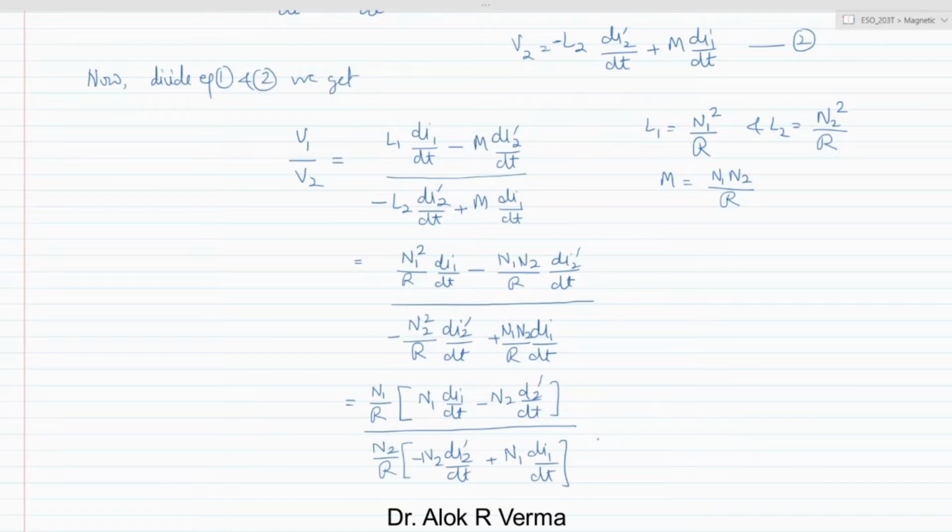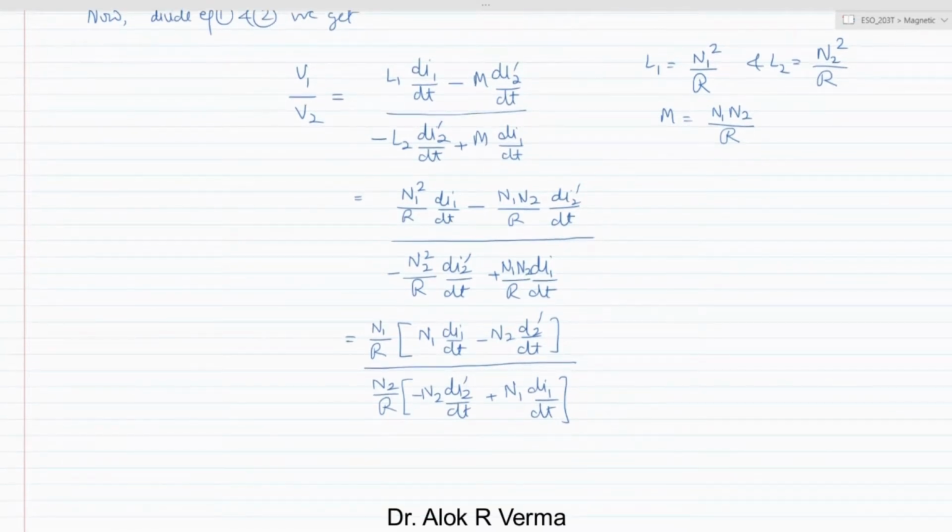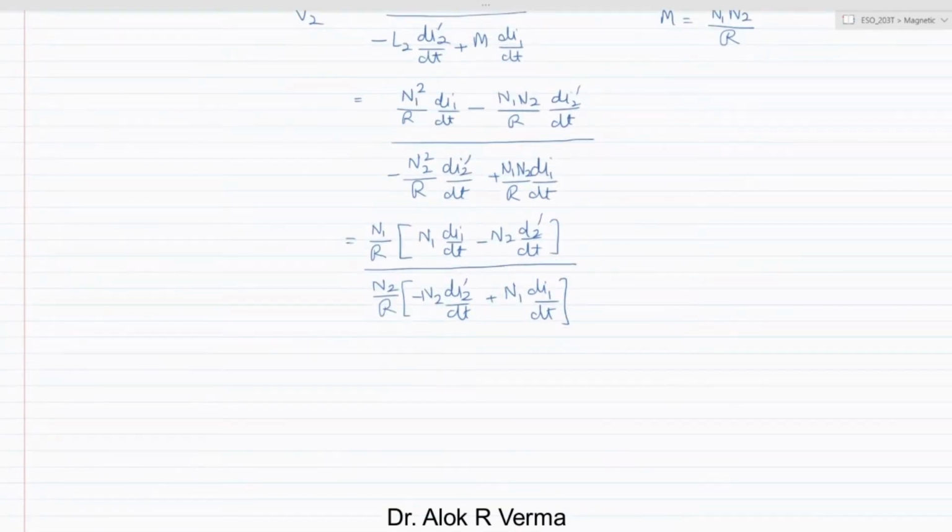So this is the equation which we get. Now what you see, the left hand term is V1 by V2, and this is common, so it gets cancelled, and R also gets cancelled. So V1 by V2 turns out to be N1 by N2.